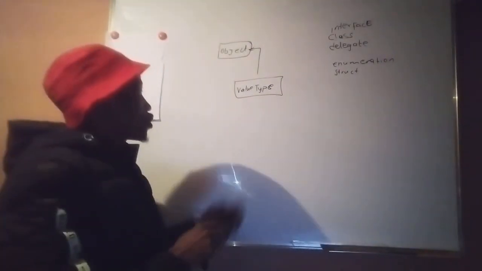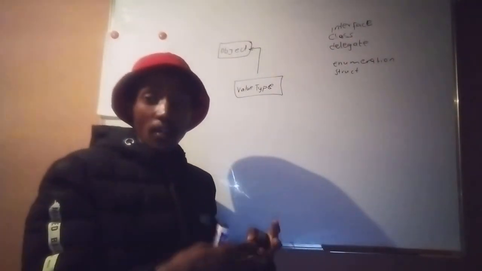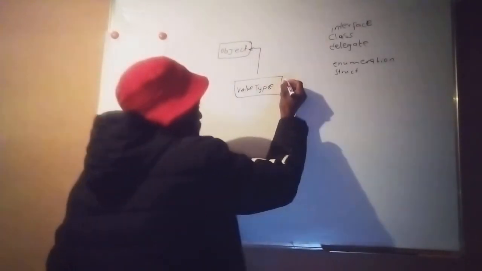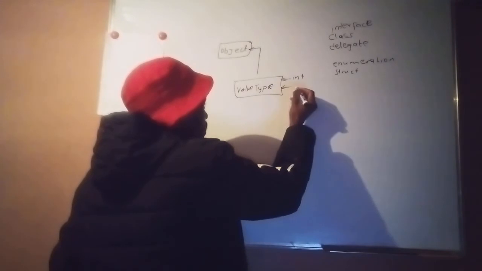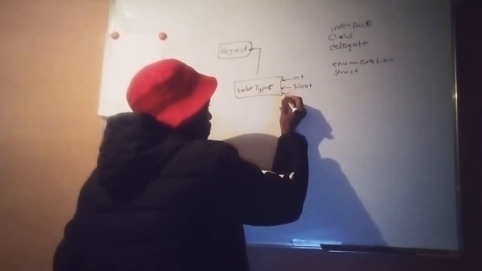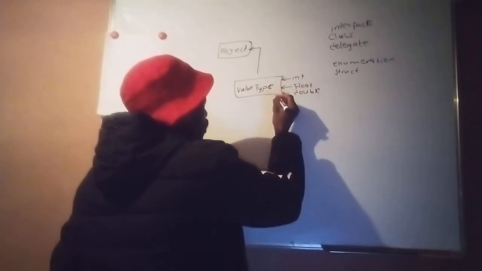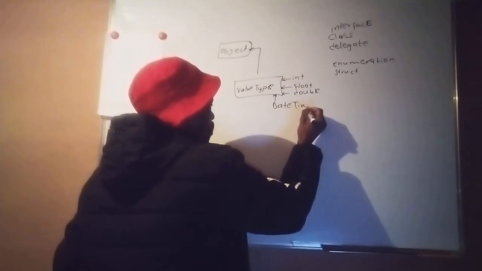Fine. So from the value type, there are several other types that inherit from it. It includes types such as integers, floating point numbers, double, and types such as date time to represent date and time, years and so on.